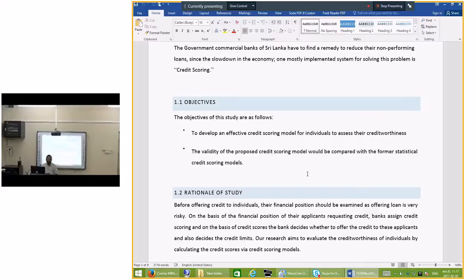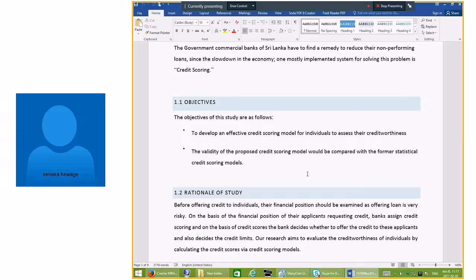I want to know whether you can reach the data of the other commercial bank. Then you can compare their model and your model and suggest a very good model. That is the work. I don't know whether you can reach that data. If you can, very good research. Sir, I can, sir. Yeah, you try to do it.